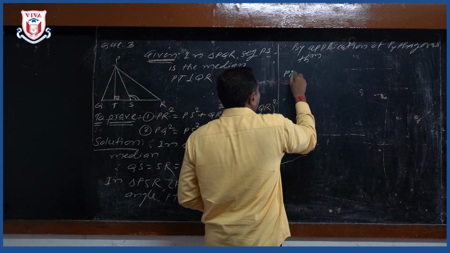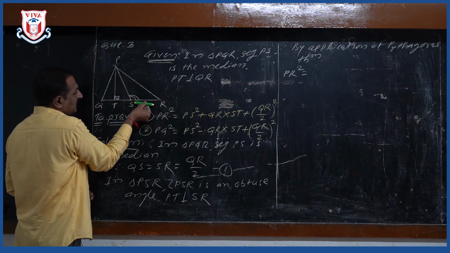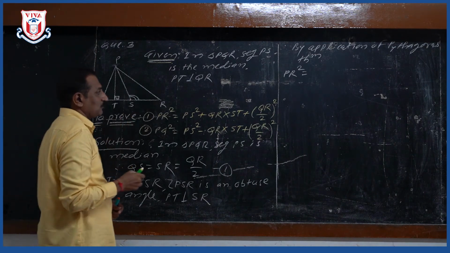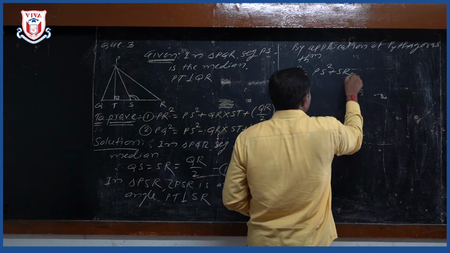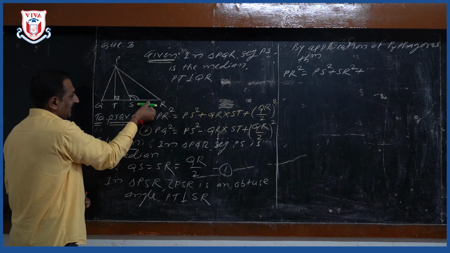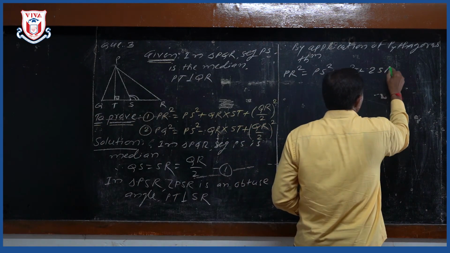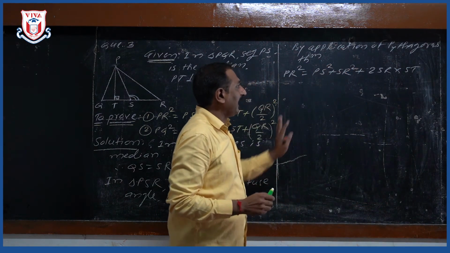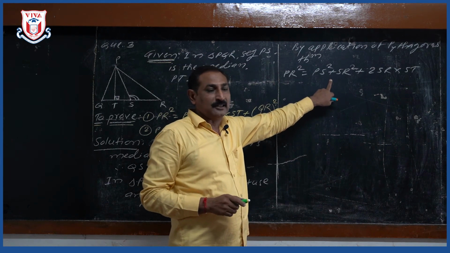This PR square is equal to the sum of the squares of the remaining two sides, means PS square plus SR square, plus 2 times SR into ST. If the angle is an obtuse angle, then you use this by application of Pythagoras theorem.